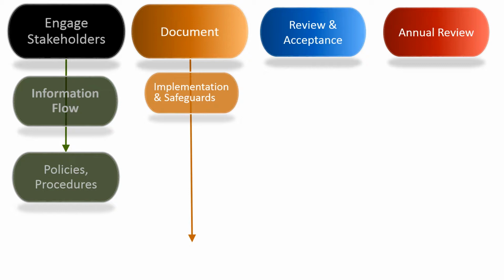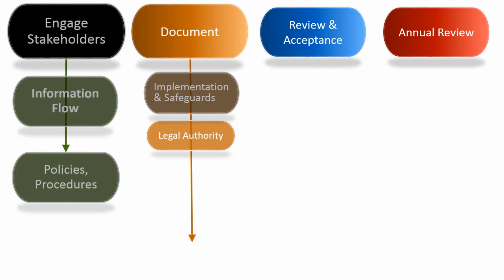As part of that documentation, you're going to take a look at the implementation plans and identify the risks and the safeguards to ensure the privacy, confidentiality, and security of the personal information. Each step requires a legal authority. So we need to take a look at the enabling legislation. In Alberta, in healthcare, we take a look at the Health Information Act.